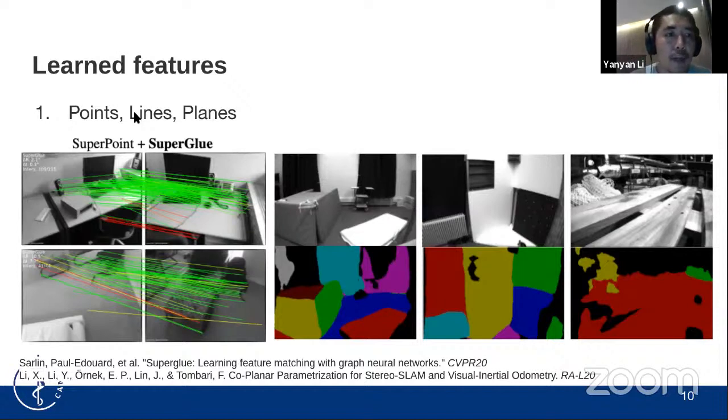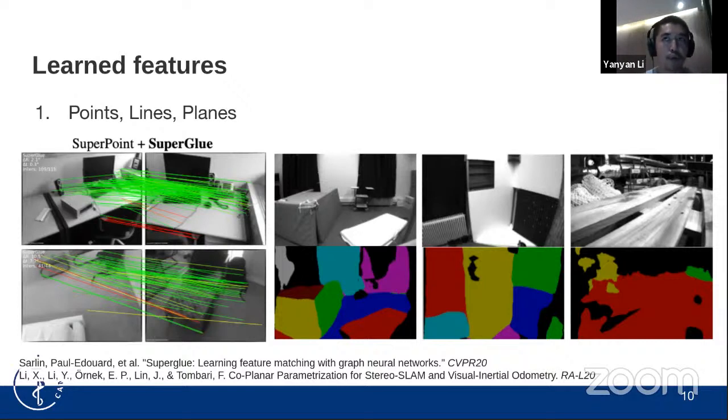Similar to those low-level geometric features, those networks also can maybe extract points, lines, and planes. But what's the difference?